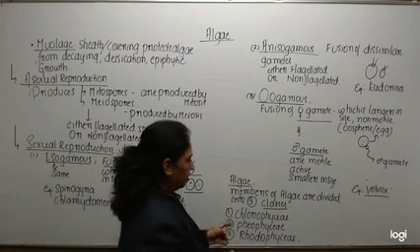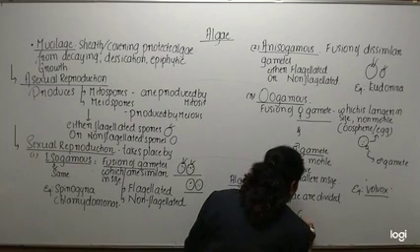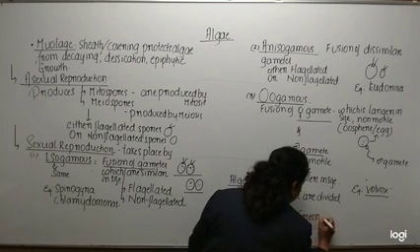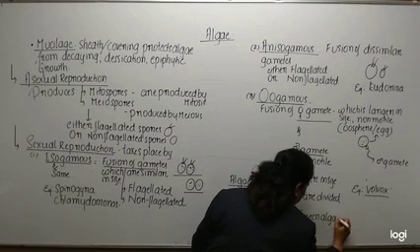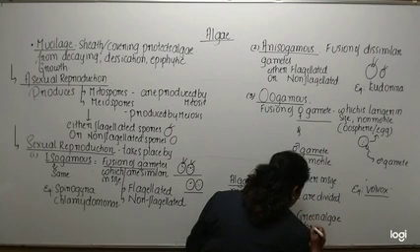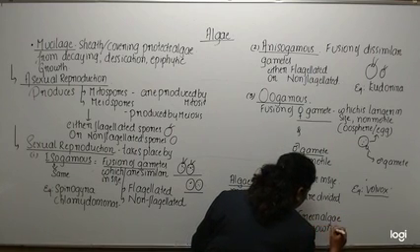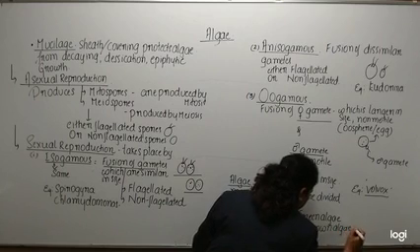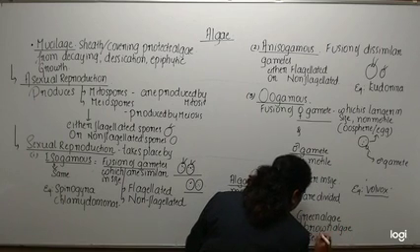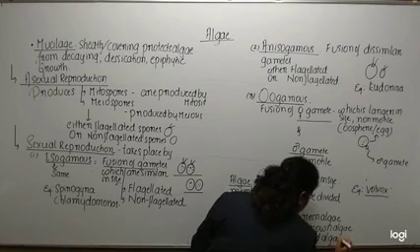Common names: Chlorophyceae is termed green algae, Phaeophyceae is termed brown algae, Rhodophyceae is known as red algae.